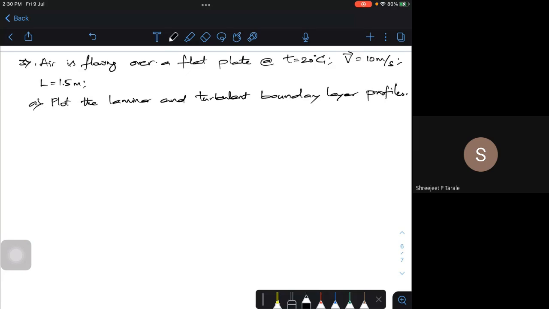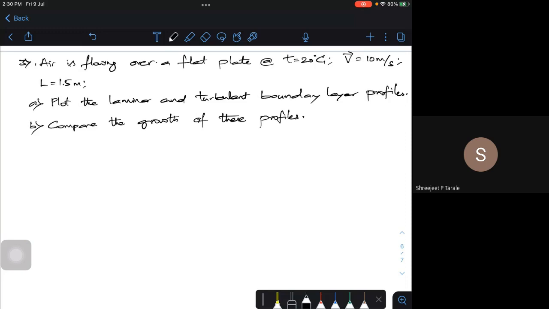Then the second one is to compare the growth of these profiles. This is the simple problem statement.